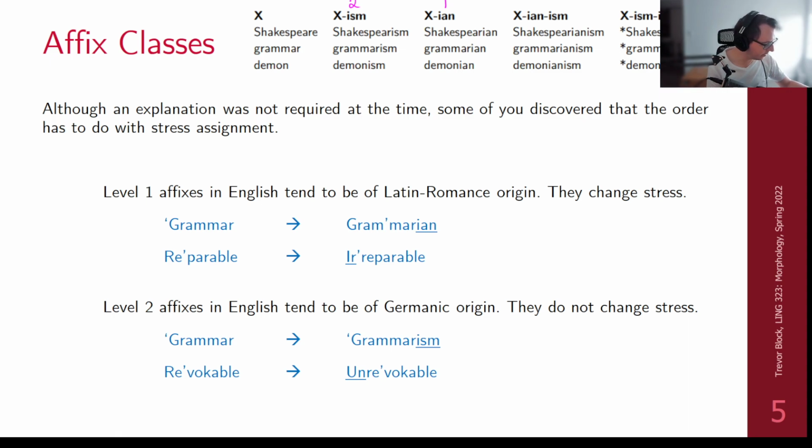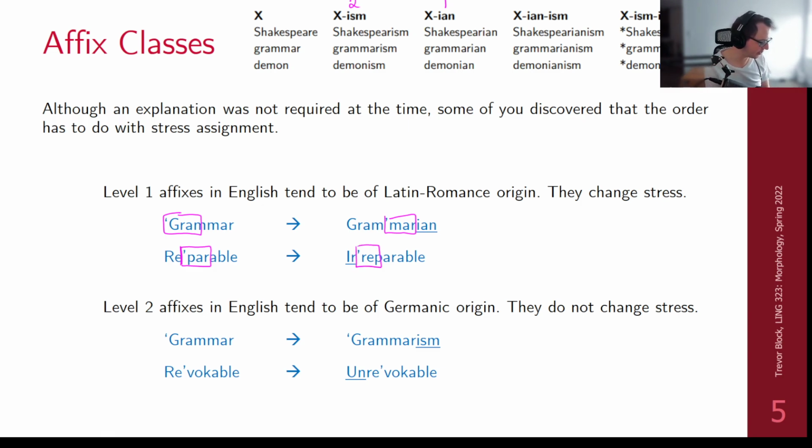So grammar, we see stress on that first syllable, but grammarian, we have this stress change to the second syllable. Reparable or repairable, depending on how you want to pronounce this. Let's go with repairable. And we can see a change to irreparable. So rep is being stressed here.